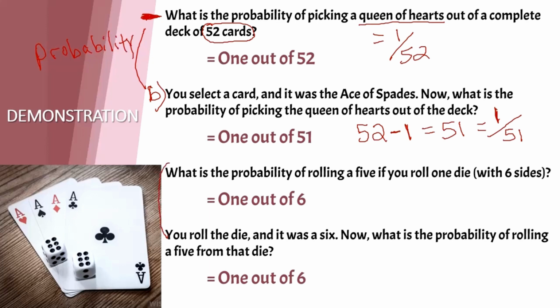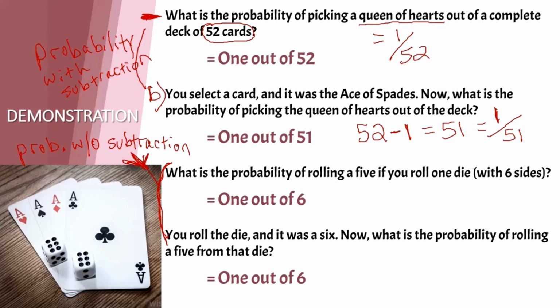This is probability with subtraction, and down here when you're using dice, this is going to be probability without subtraction. And that's these two down here.